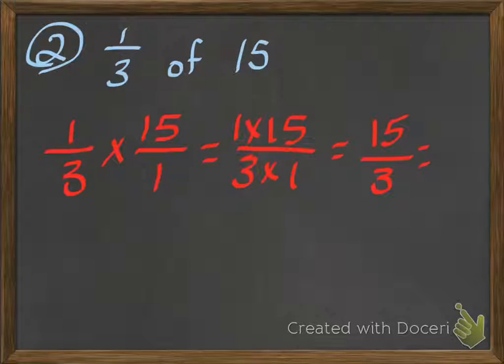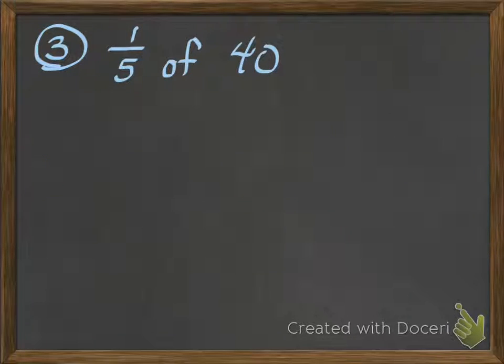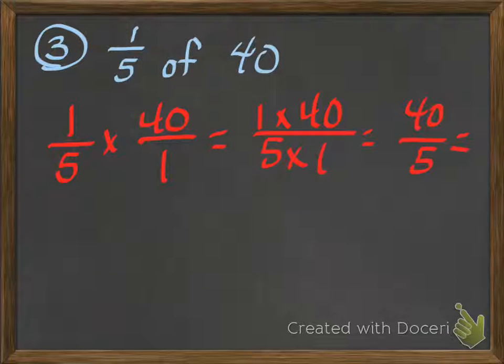Okay, if you rewrite it, then you will eventually get to 15 over 3, which is fancy division for 15 divided by 3, and that equals 5. Number 3, 1/5 of 40. Okay, if you rewrite it, then eventually you will get to 40 over 5, which is fancy division. 40 divided by 5 equals 8.